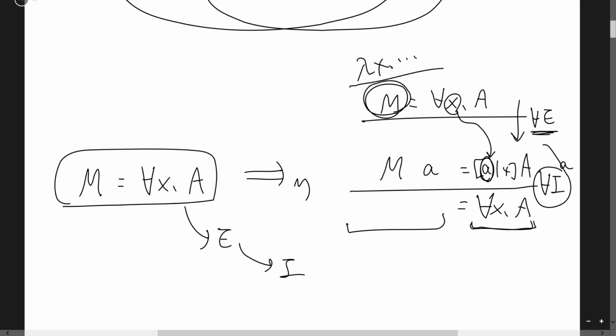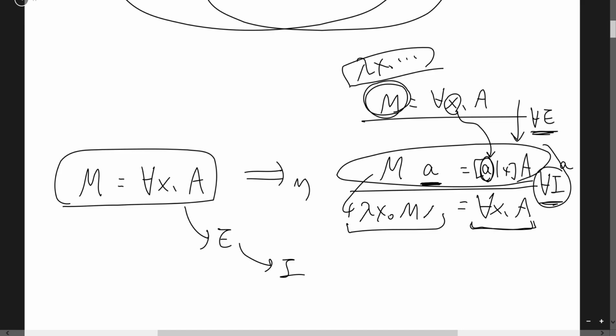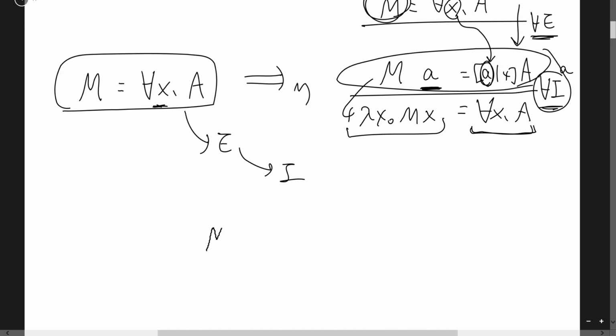So now you have to apply this lambda to a concrete term a. So now the pattern complies with the for all introduction rule. So you introduce lambda x. So actually there is no difference. It's almost like the Eta expansion for the previous form of lambda, except that we are dealing with term variables. So to summarize, if M has type for all x A, it Eta expands to lambda x. M x. So there's nothing surprising here.